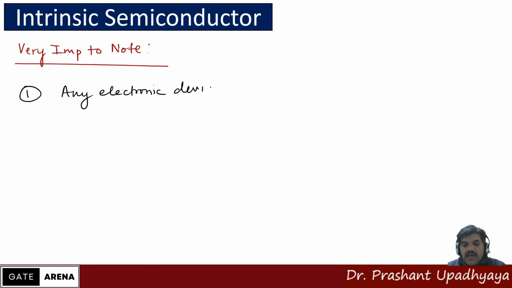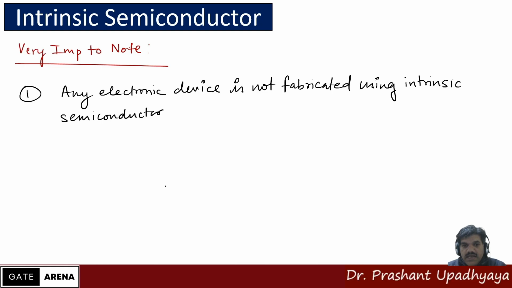So I am writing that any electronic device is not fabricated using an intrinsic semiconductor. The reason is that we have seen in the last slide that the conductivity is constant and we cannot control the conductivity of the intrinsic semiconductor. So the reason is that its conductivity is constant and cannot be controlled.